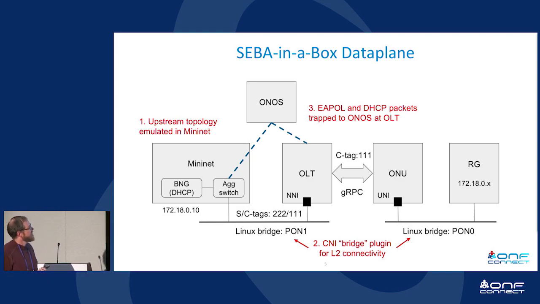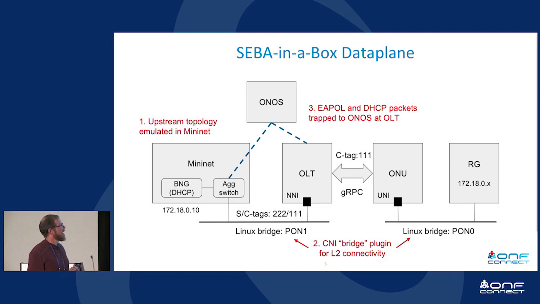And the third thing, this dotted line up to ONOS represents EAPOL packets and DHCP packets that are trapped to ONOS from the OLT. So when the RG authenticates, the EAPOL packet goes to OLT, matches a flow rule there, and is trapped up to ONOS.